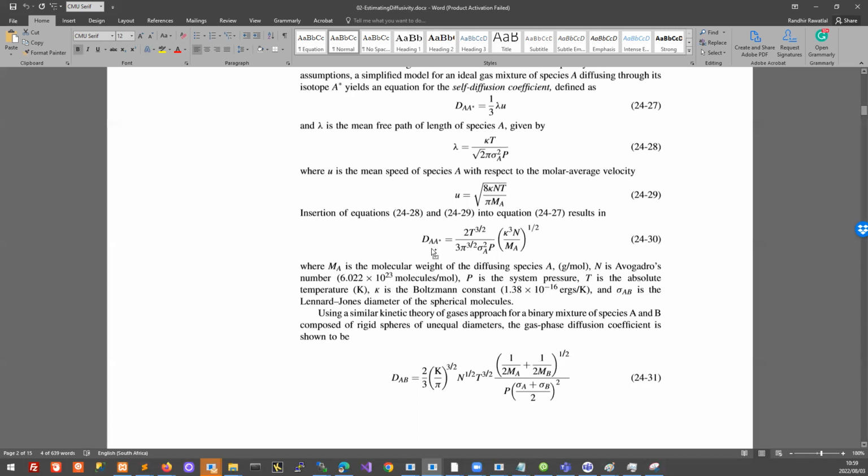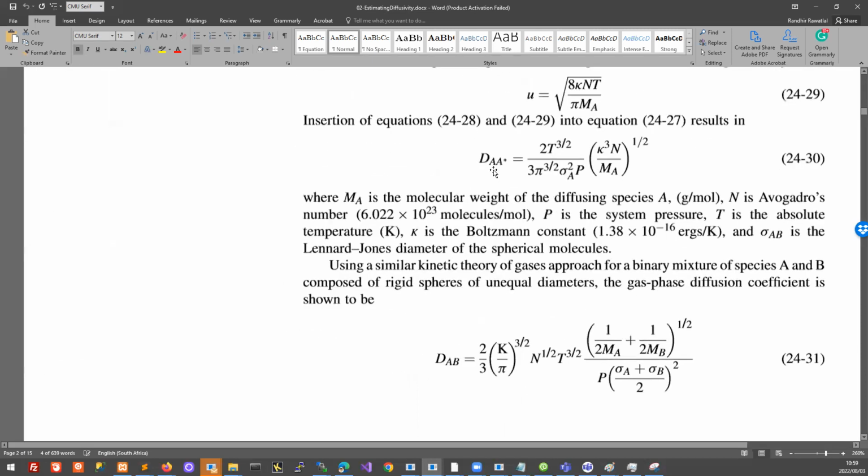In this set of notes, we are writing it as the diffusion of molecule A against everything that's not molecule A, so A star, everything besides A. You could have a multi-component mixture, 5 or 6 species, let's say, and we want to know how fast A is diffusing through those other components.